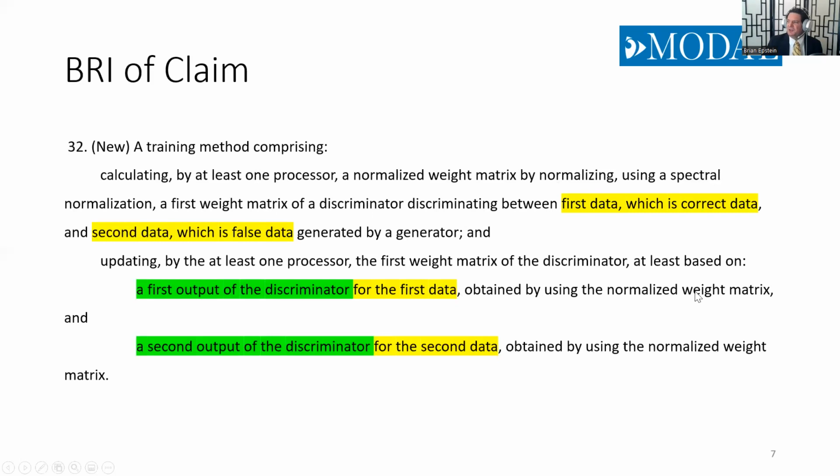Broadly interpreted as written, it might be that the discriminator, not the first and second outputs, is for the first and second data, right? We might parse it as the discriminator for the first data, the discriminator for the second data. And so these are just first and second outputs of a discriminator for the first data and the second data. I apologize, my notes are a little bit incorrect. We did not discuss using the normalized weight matrix. I believe that comes up later. Basically, it's very broad.